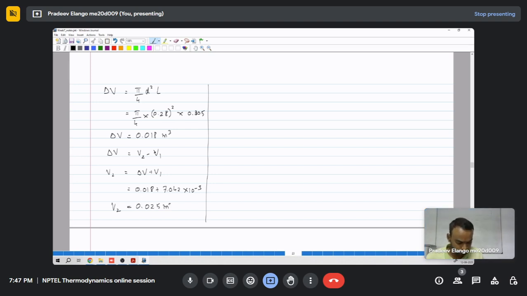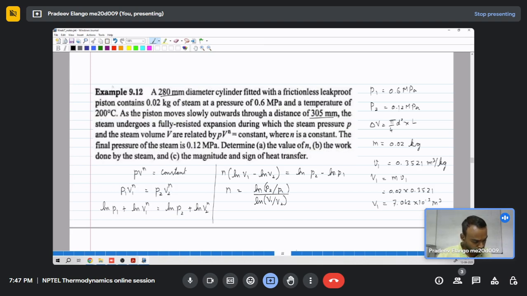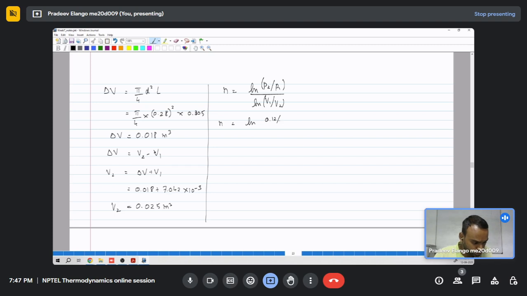So now we know n is equal to ln of p2 by p1 divided by ln of v1 by v2. That is ln of 0.12 by 0.6, divided by ln of v1 by v2, where v1 is 7.042 into 10 power minus 3 divided by v2, which is 0.025.